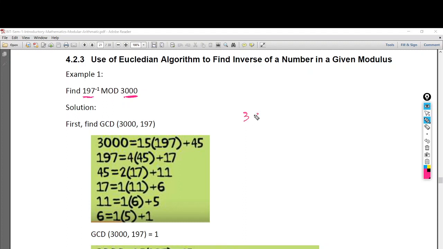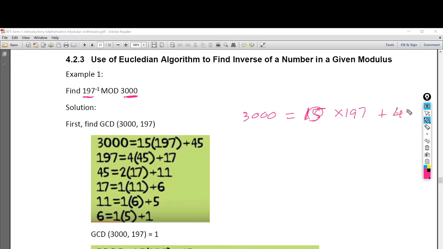Just take the bigger number and write it as a multiple of 197 plus something to get 3000. You actually have to guess. In this case you will see that it is 15, and plus 45. You can use a calculator or spend some time.